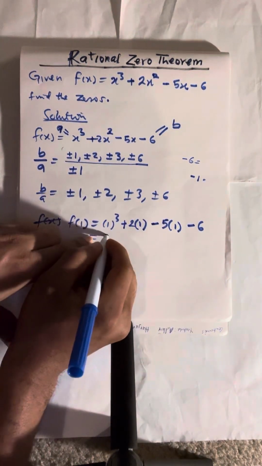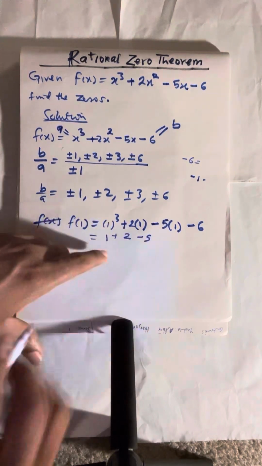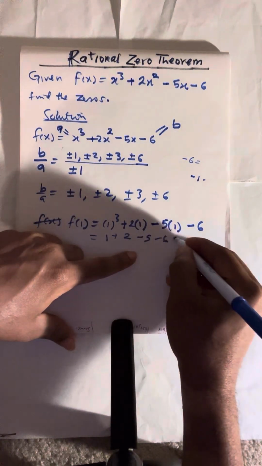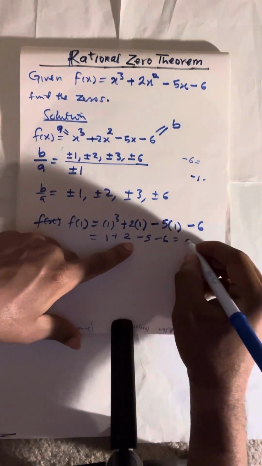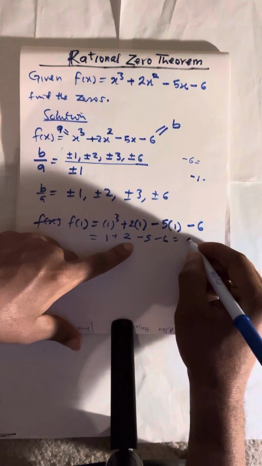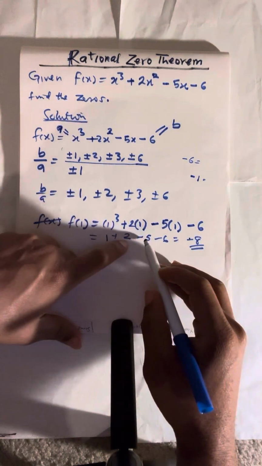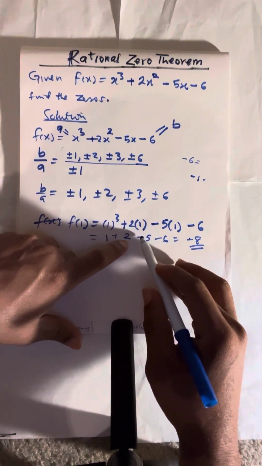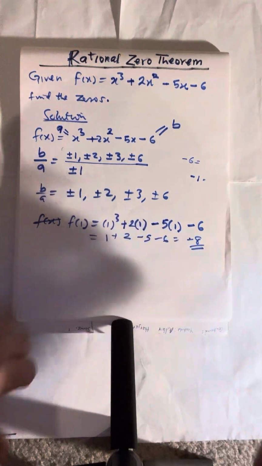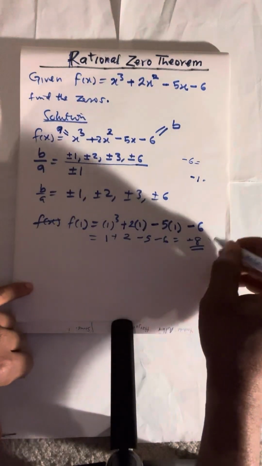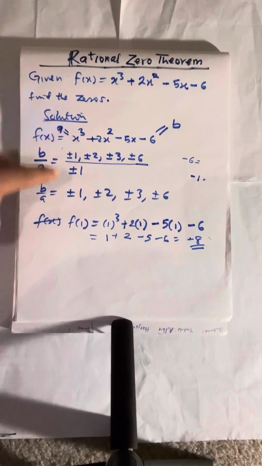Evaluating this, I have 1 plus 2, which is 3, minus 5 minus 6, which is minus 11, and the sum gives us minus 8. So f of 1 is not a zero of this function.